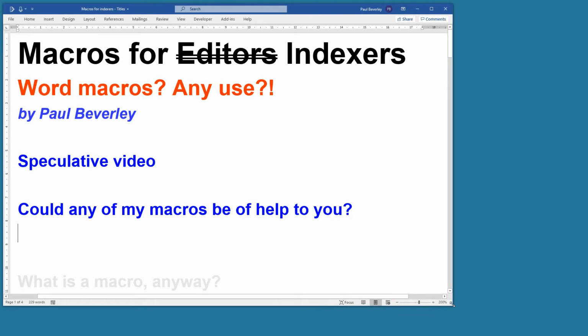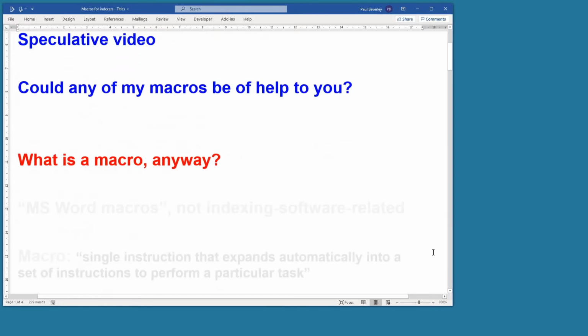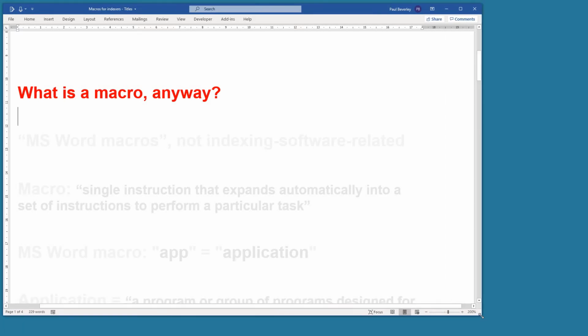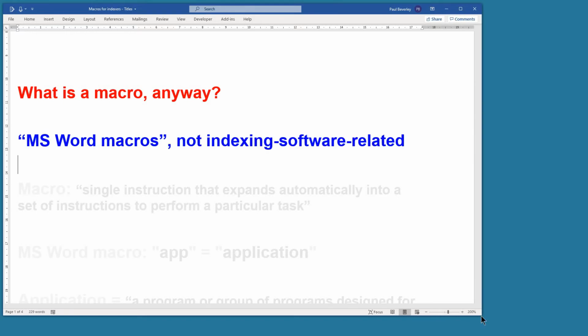But before we start, we need to be sure that you as an indexer know what I mean by macros. And if you look on the internet, you get different definitions. I'm talking about Microsoft Word macros and not index software related macros.